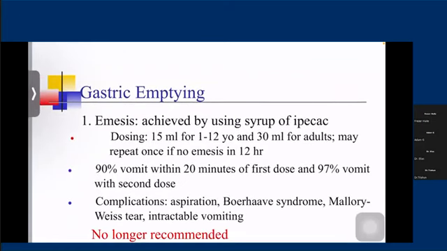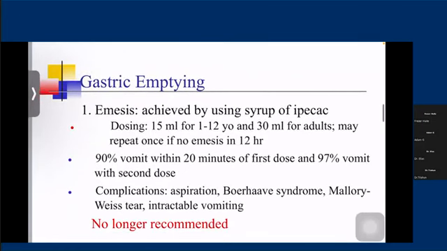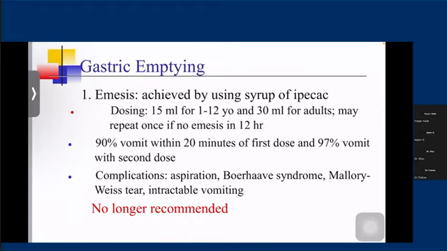So the first is gastric emptying via emesis. Emesis, as we know, is inducing vomiting. This is usually done by giving syrup of ipecac. The dose is around 50 ml, and usually within 20 minutes we expect vomiting.